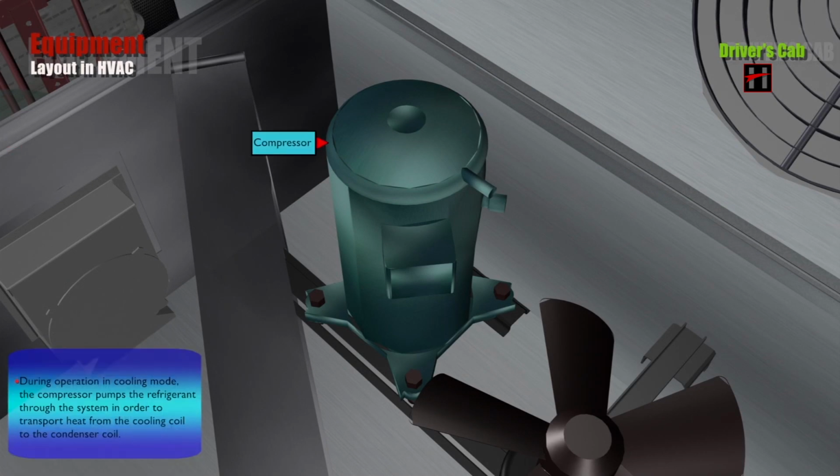During operation in cooling mode, the compressor pumps the refrigerant through the system in order to transport heat from the cooling coil to the condenser coil. The compressor is protected with a three-phase motor protection circuit breaker (CMB). It will disconnect the compressor if the motor current exceeds the set limit.